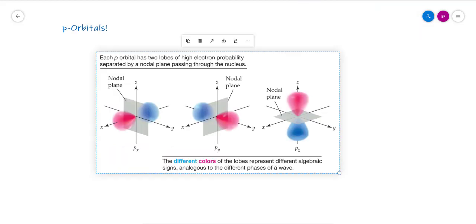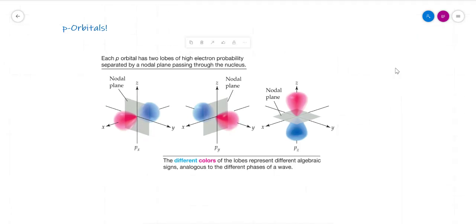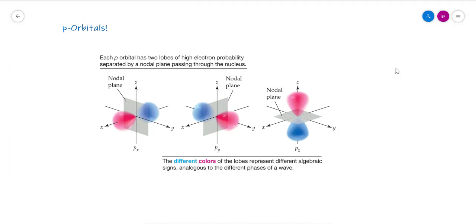Okay, so when the angular momentum quantum number is equal to 1, so L equals 1, then we give rise to this p shape, or these p orbitals, and we already said that these are dumbbell in shape, meaning they have 2 distinct lobes.